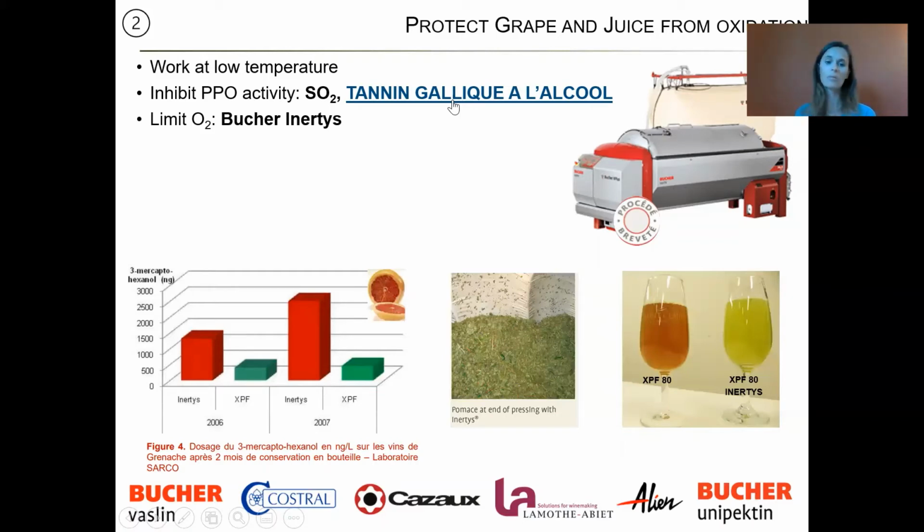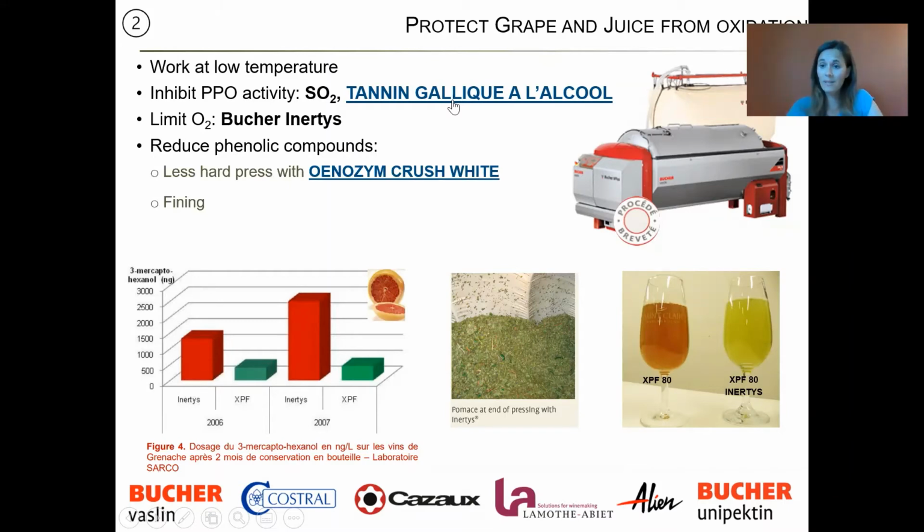So you can see, and basically both years, we got much more thiolic compounds in the wine that was pressed with Bucher Inertis. That's because we are protecting the thiolic compounds, the thiolic precursor compounds, but also because we are not even producing any quinone. So we also maintain our glutathione, our natural antioxidant protection of the wine.